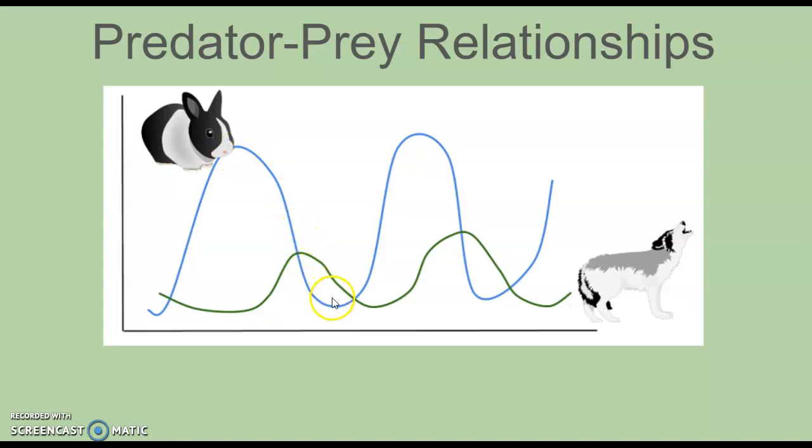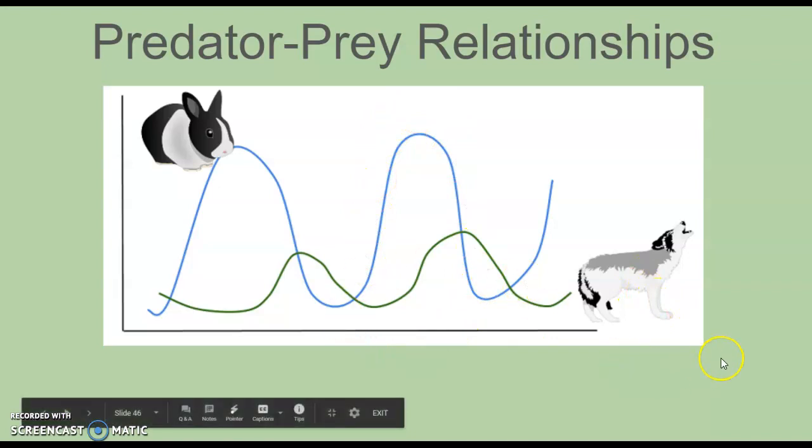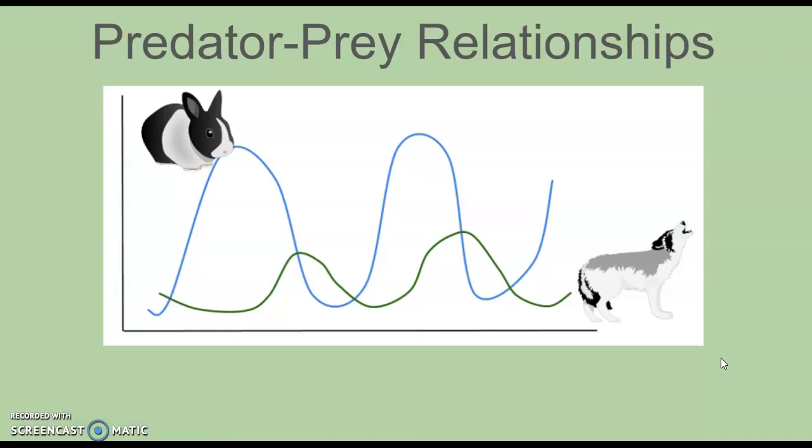My rabbits go down. Why? Because they're getting eaten. So my rabbits go down, look what also goes down. My wolves, they have less food. And if my wolves go down, guess what? My rabbits are going to go back up and the cycle is going to continue. So these are very dependent on the size and the density of the population.